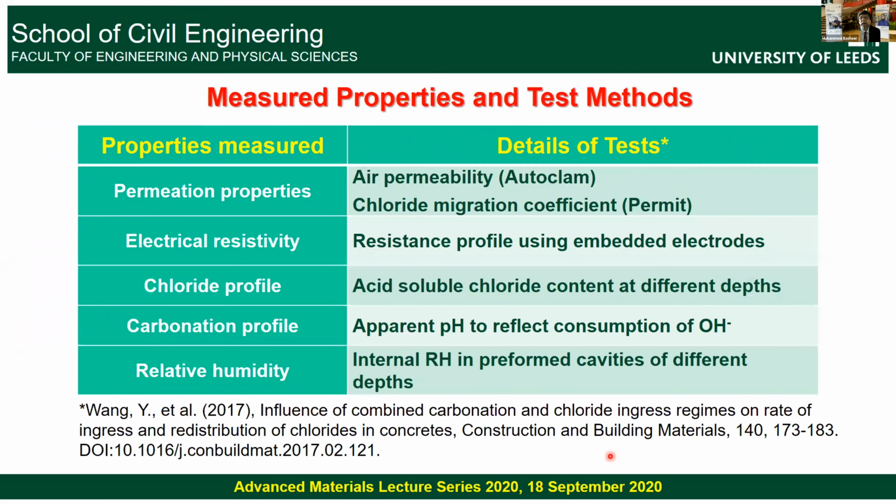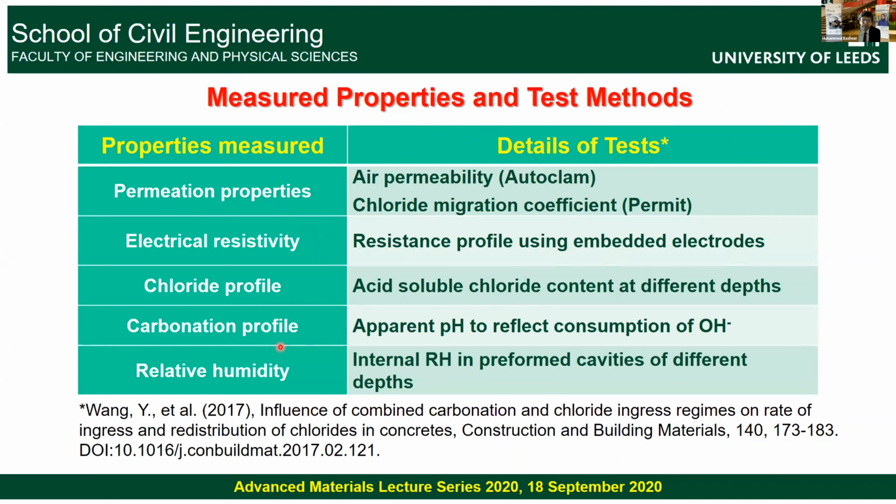Okay. Now, what properties were measured in this study? We measured, obviously, various transport characteristics using two test techniques called air permeability and chloride migration test. The electrical resistivity was measured using embedded electrodes. I will show that in a minute. And then chloride profile and carbonation profile were obtained.